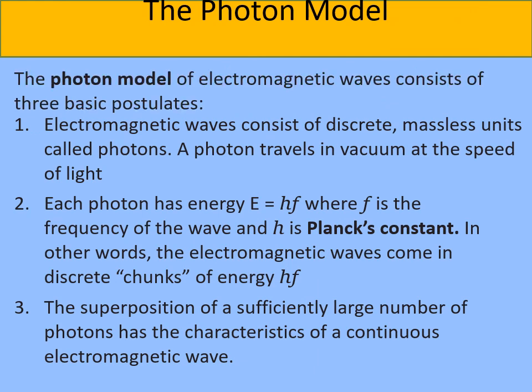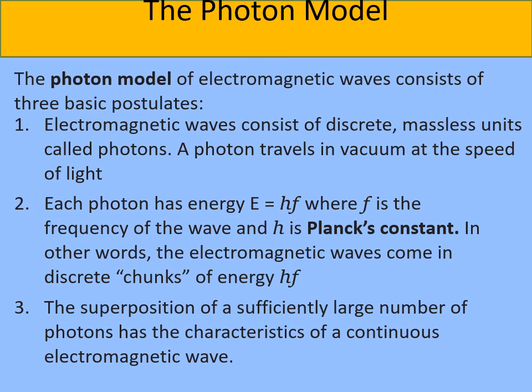Now, the photon model for electromagnetic waves consists of three basic postulates. Three important points for it to be effective. Electromagnetic waves consist of discrete, massless units called photons, so they don't have any mass. A photon travels in a vacuum at the speed of light.